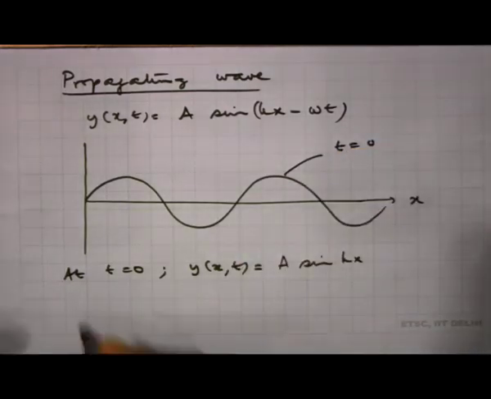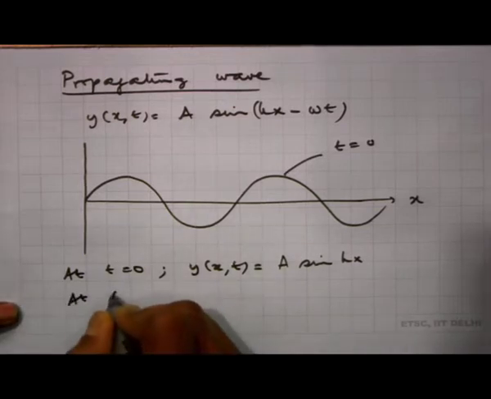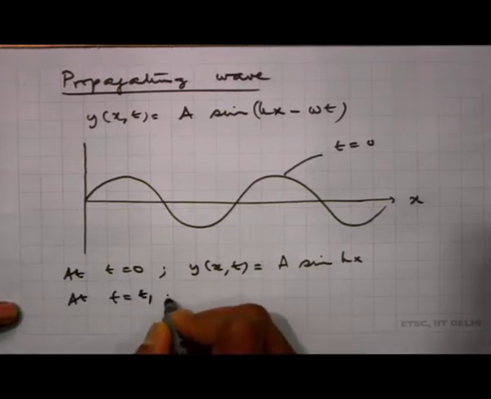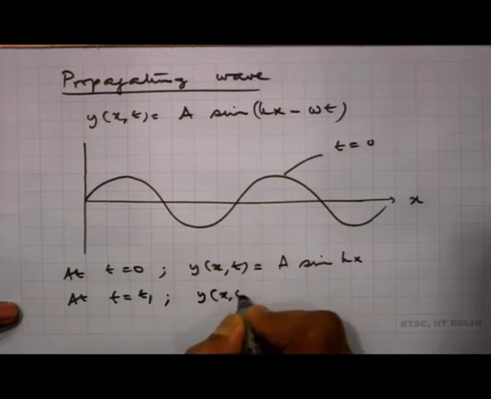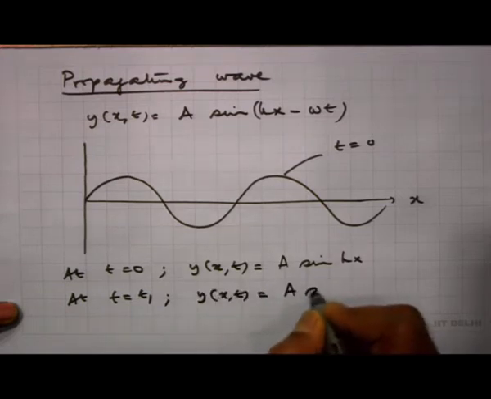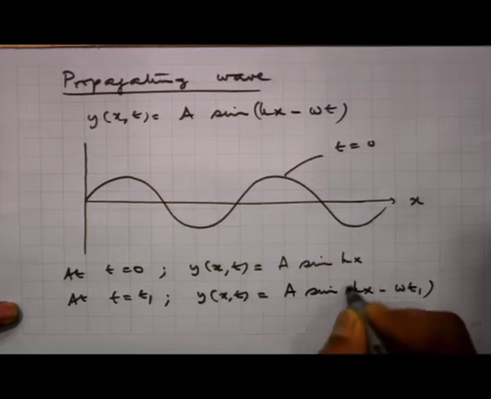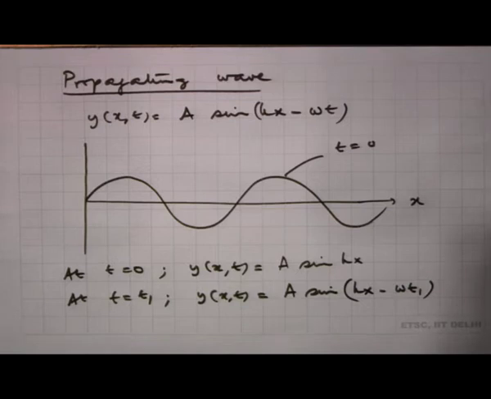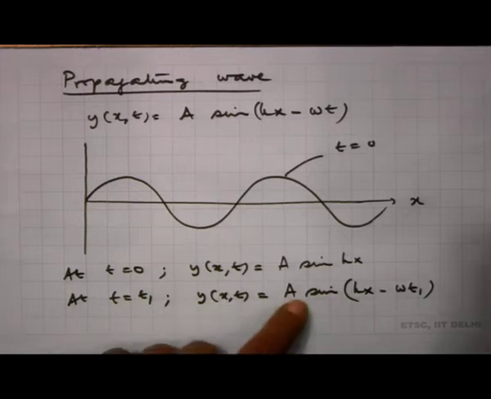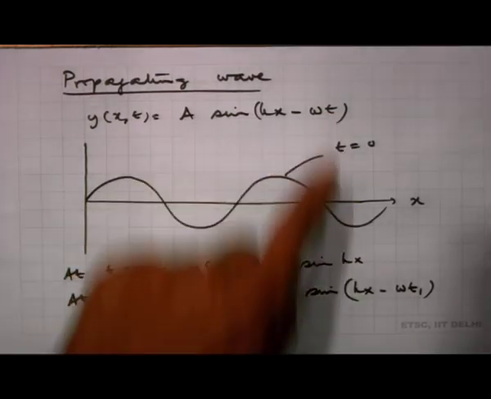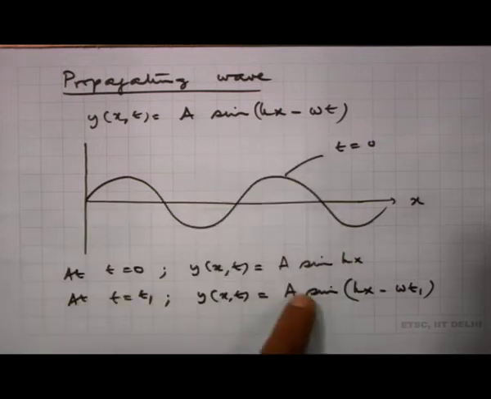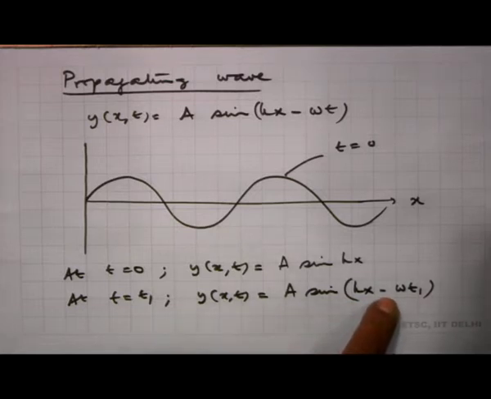Now, at a slightly later time, say t is equal to t1, y of x, t will be A sin(kx minus omega t1). So, I had sin kx at t is equal to 0, and at t is equal to t1 I have sin(kx minus omega t1).